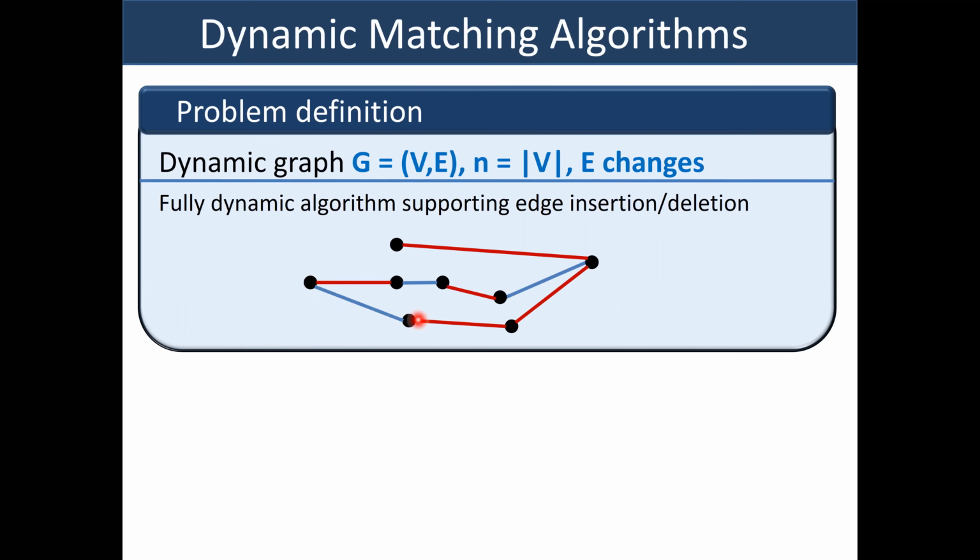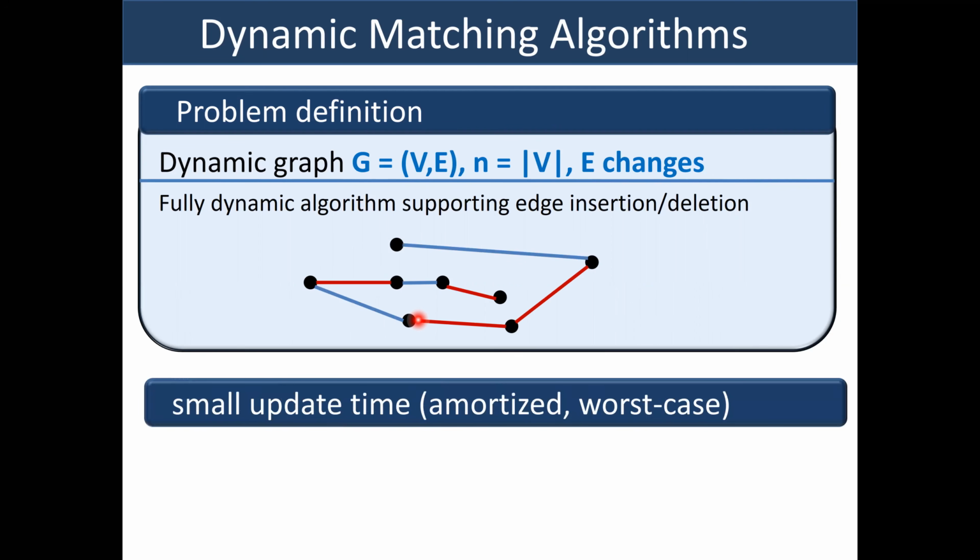And the most basic goal of an algorithm in this context is to achieve a small update time. So the update time of an algorithm is the time it takes the algorithm to update the matching following a single update step, and we can either try to optimize the amortized bound or the worst case bound.